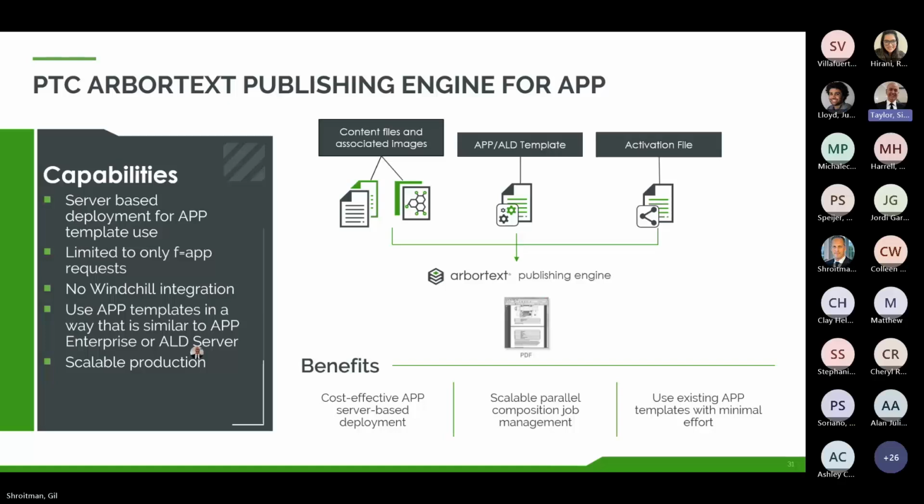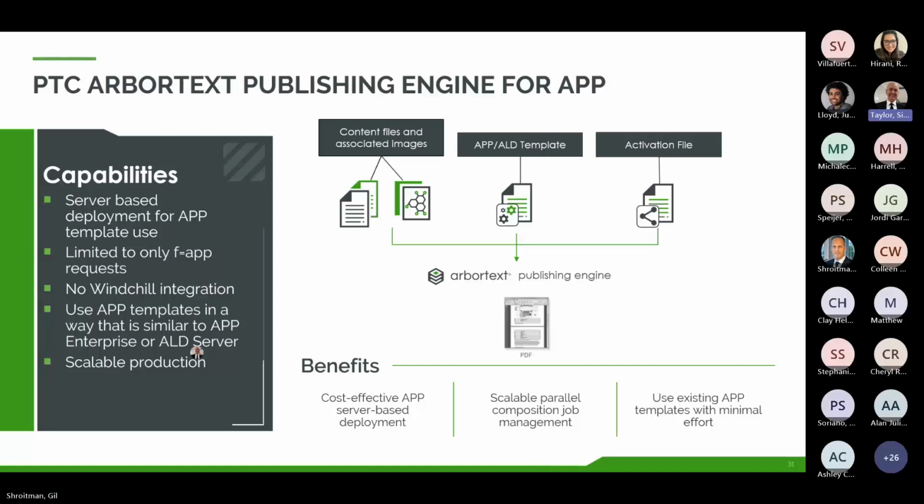So your activation file will contain a list of input files, a list of output files, and an APP script chunk, which will allow you to set some variables and then open an APP template. That APP template will be one that you've written that would accept the variables that you set, process the job and generate the output.